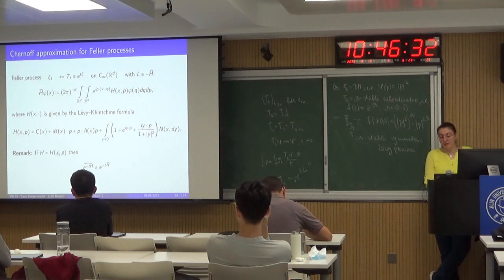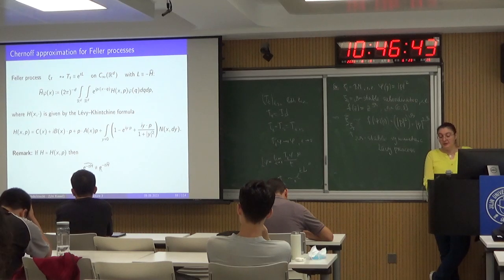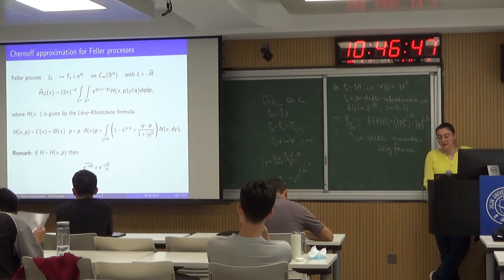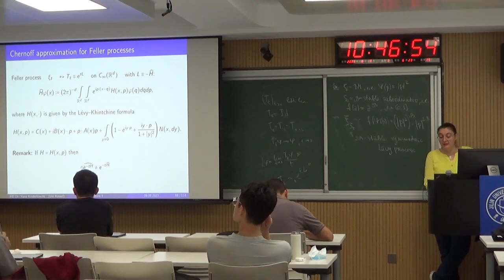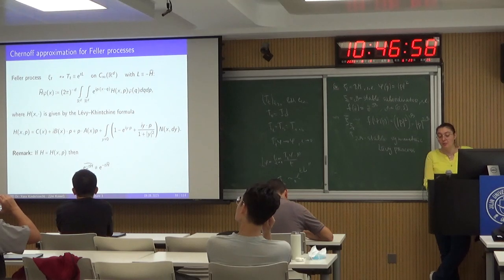If h depends on both variables, we know that the semigroup T_t generated by the pseudo-differential operator minus h does not coincide with the family of pseudo-differential operators with symbol e to the power minus th.